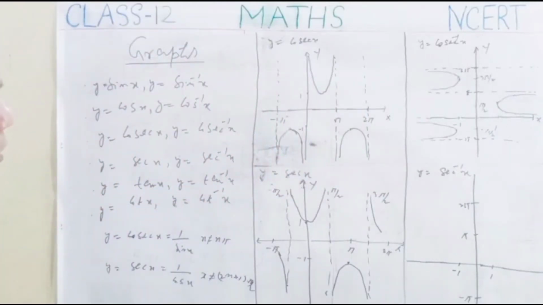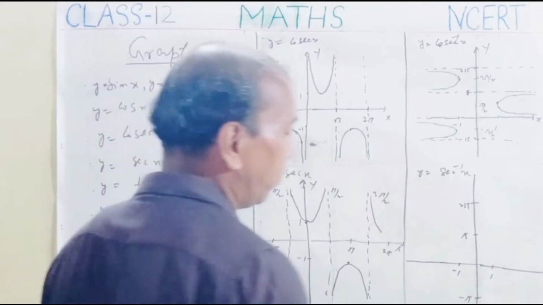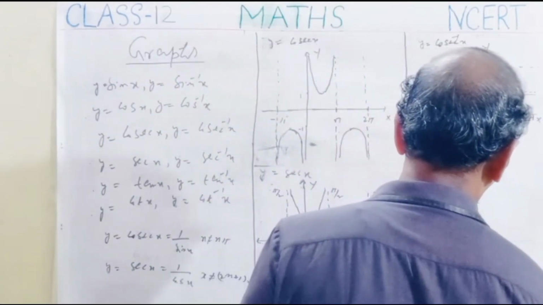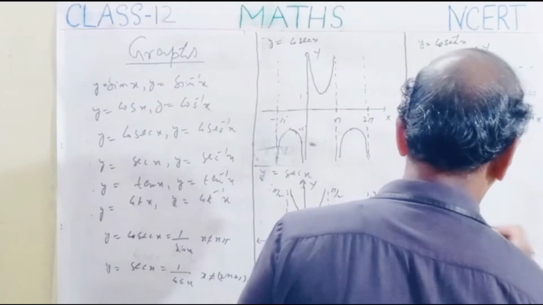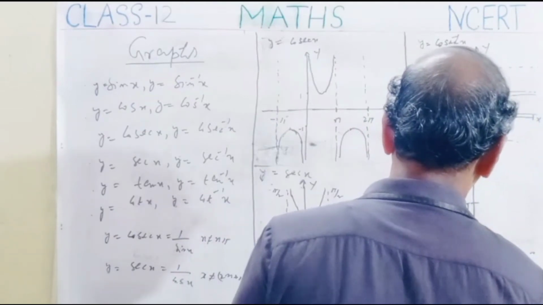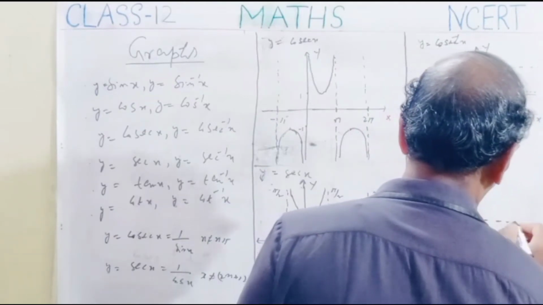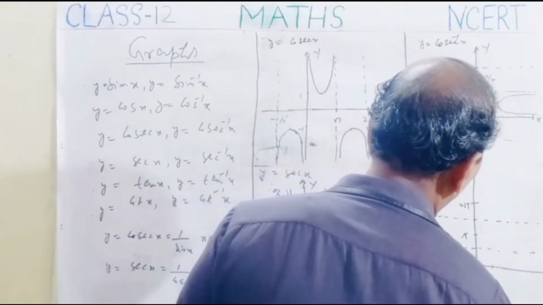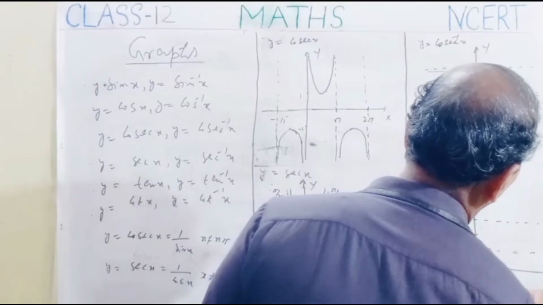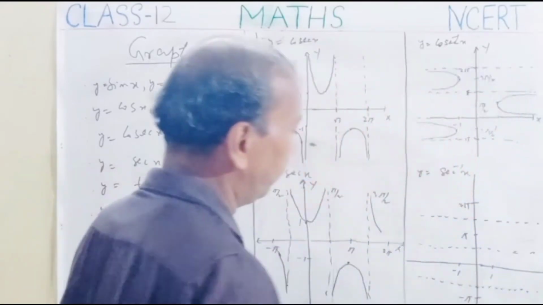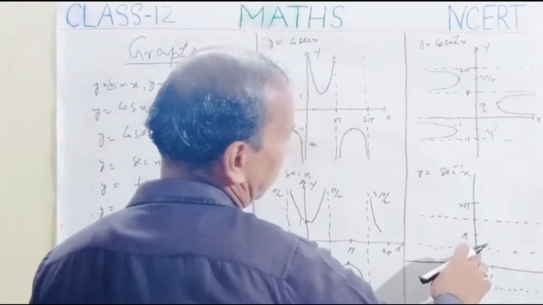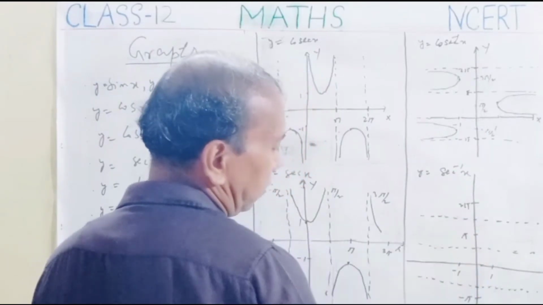It is not defined at pi by 2, then it will not be defined at 3 pi by 2 because this is an odd multiple. Similarly, at this point also it will not be defined, that is, for minus pi by 2 and 3 pi by 2.